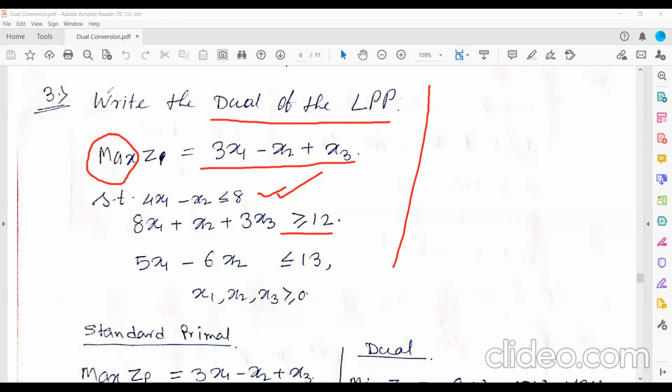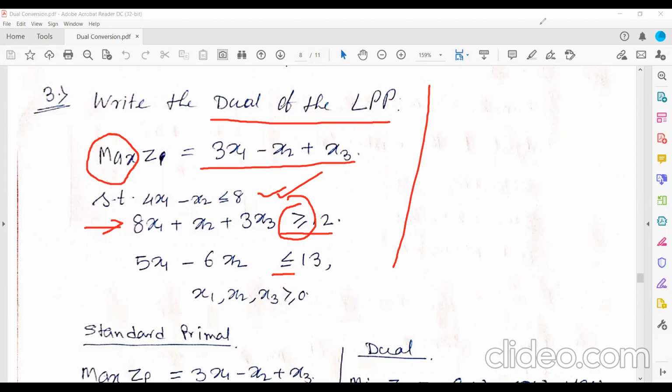Because this is a maximization problem and you are getting greater than or equal to in the constraint, you need to convert it into less than or equal to. And how will you convert it? Simply by multiplying the whole inequality by a minus sign. The third constraint is already less than or equal to, so no problem.